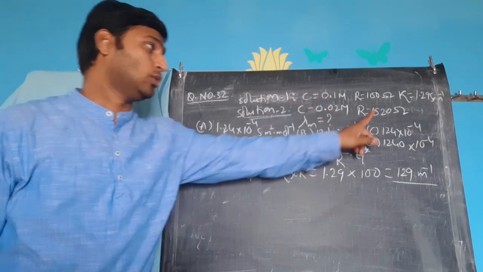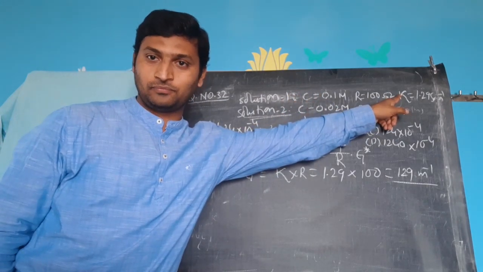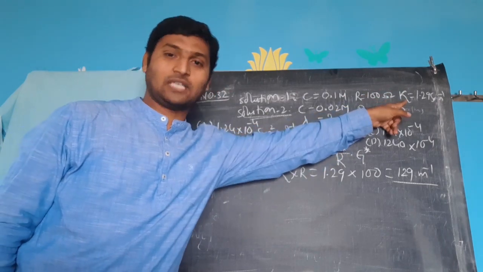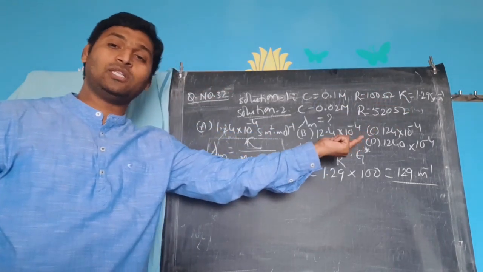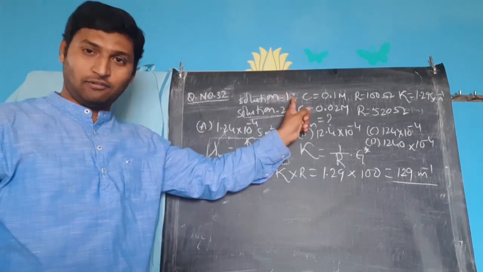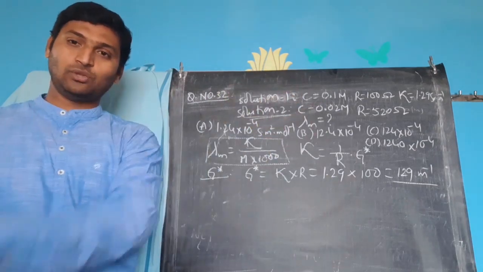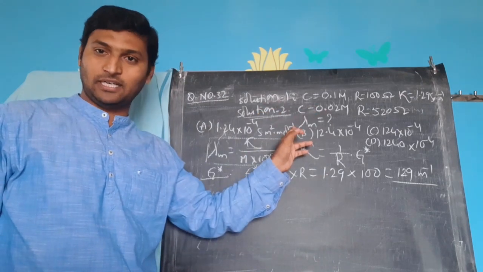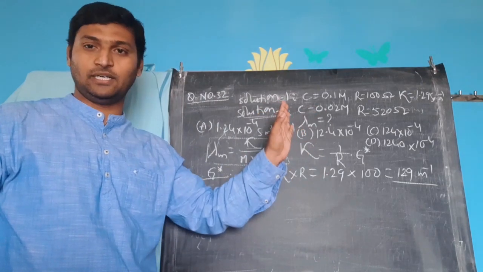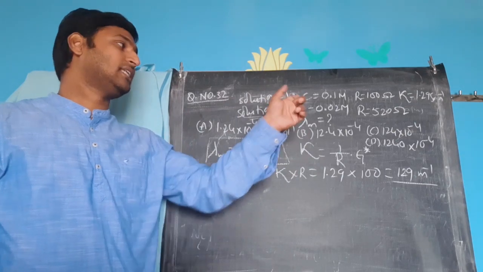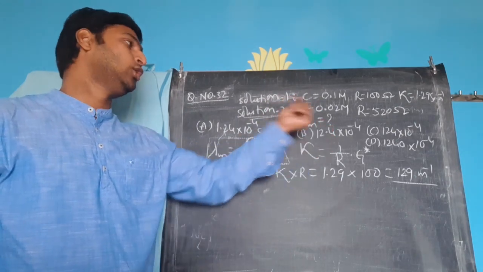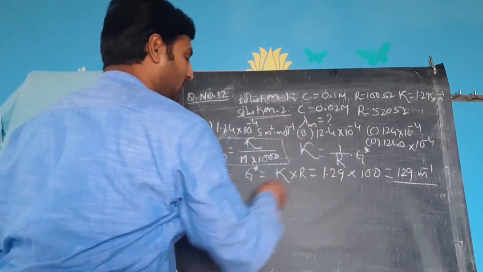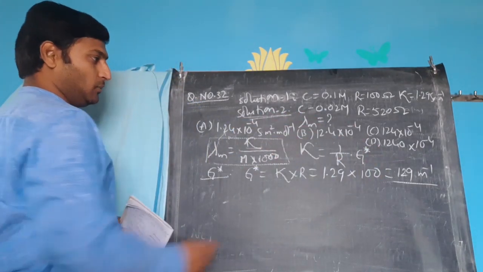They take a standard solution whose conductivity is known, and by determining the resistance of the standard solution, they find out the cell constant. Then they remove that standard solution and add any solution whose conductivity has to be determined, and they use the same cell constant to calculate for this. Same thing is given here. So you got the cell constant value 129 meter inverse.